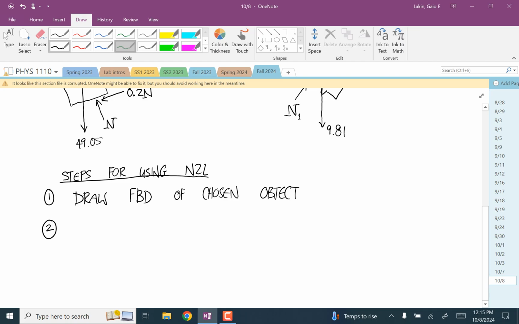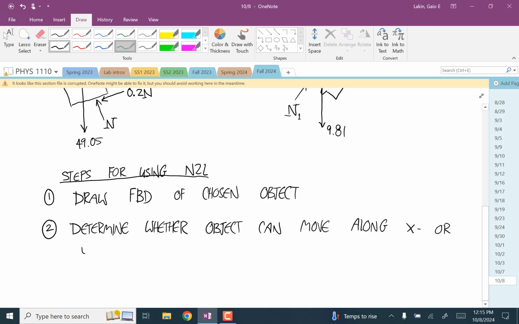Second, determine whether the object can move along the x or y axis. Or there'll be some cases where the thing isn't free to move at all, it's held in place.